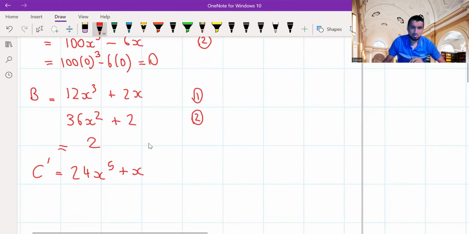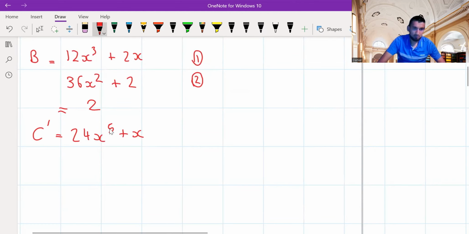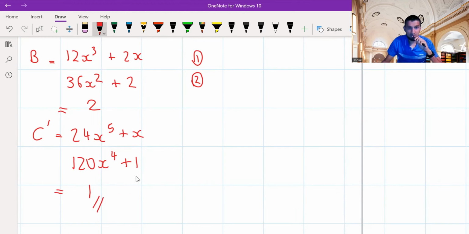And if we multiply by the powers again, 5 times 24 will be 120, minus 1 from the power becomes x to the power of 4, plus 1. So at x equals 0, that would just be 1. That's the second derivative.